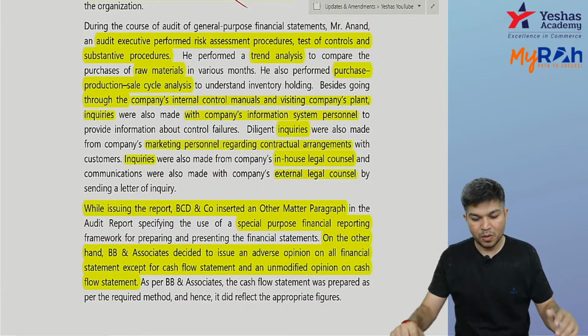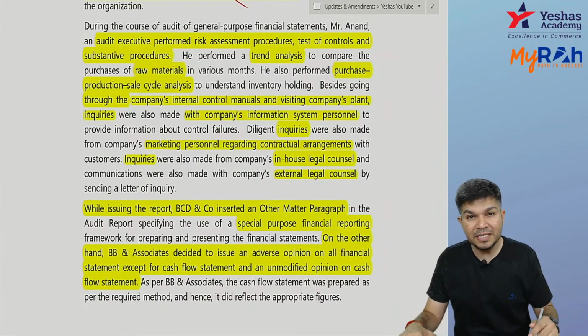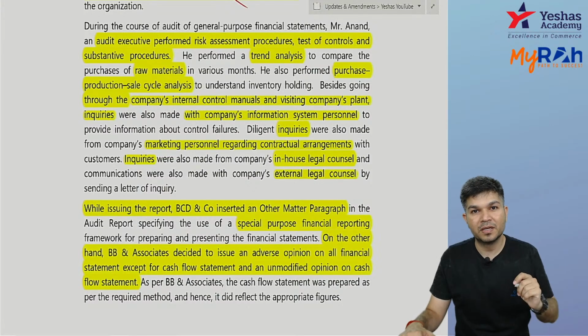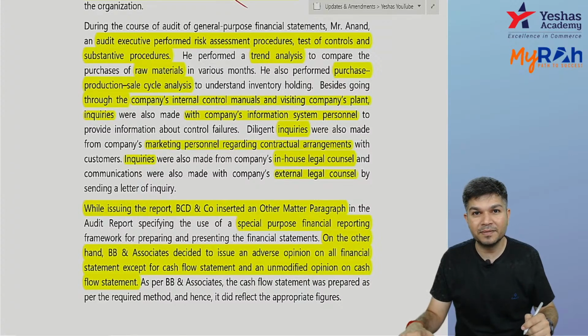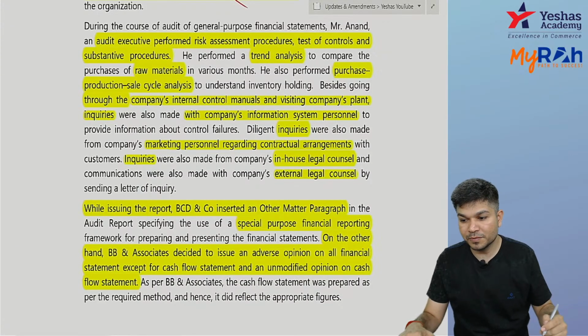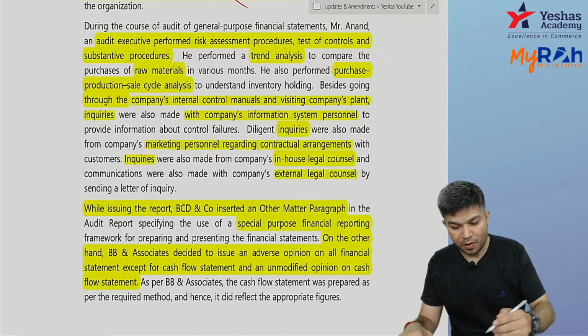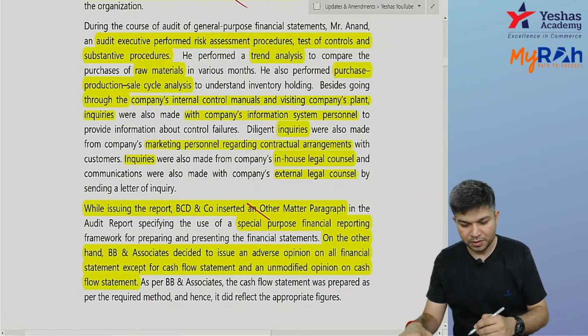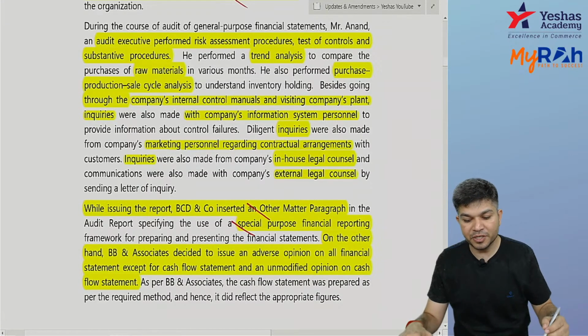Fine. While issuing a report, BCD and Company, proprietor, special purpose financial statement. Remember, BCD and Company were the auditor of the special purpose financial statement. Now, they inserted an other matter paragraph, telling it's a special purpose financial reporting.